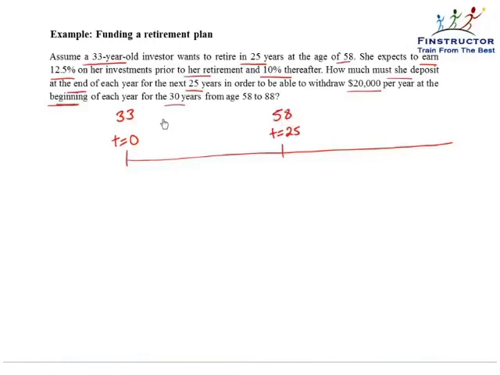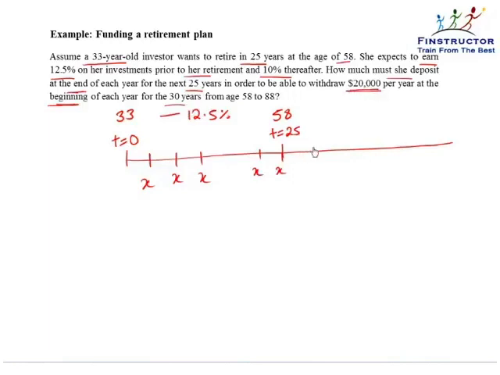She expects to earn 12.5% in this period. And the question asks us how much should she save at the end of each year for the next 25 years in order to be able to withdraw $20,000 per year.